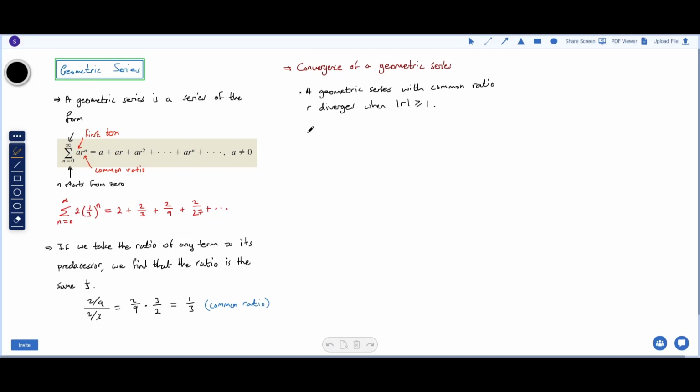Okay. So if the absolute value of r is less than 1, then the series converges to the sum.